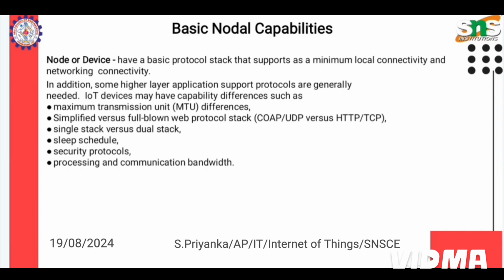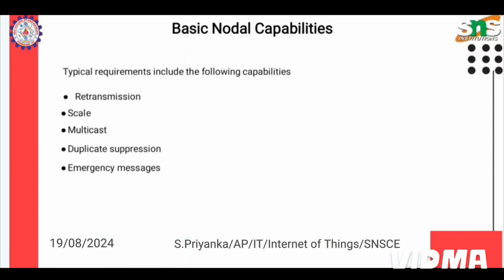It is also mainly used for maximum transmission unit, that is, MTU differences. Next is simplified versus full-blown web protocol stack, and next is single stack versus dual stack. Next are sleep schedule, security protocol, and finally processing and communication bandwidth.